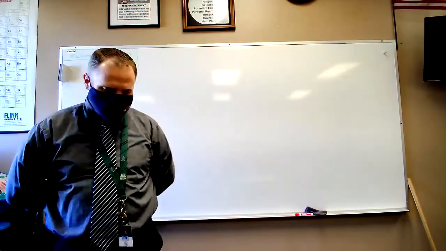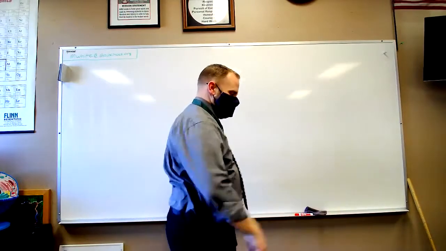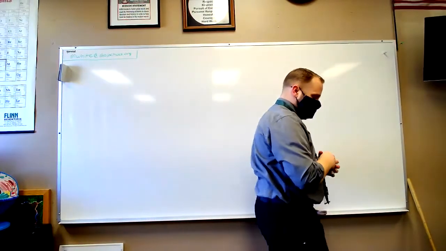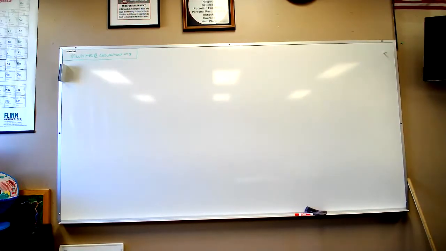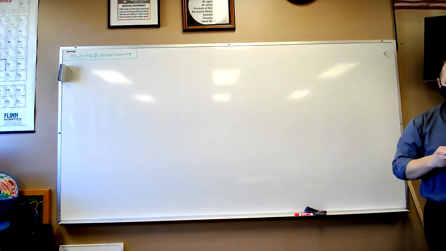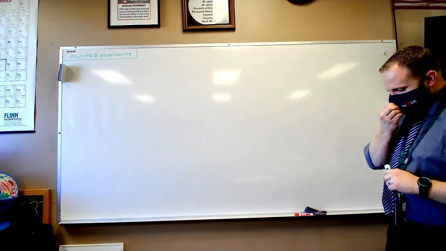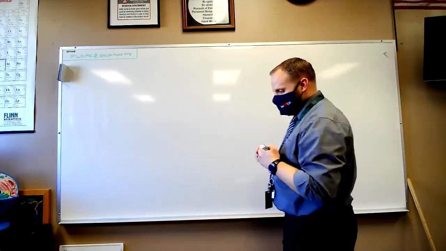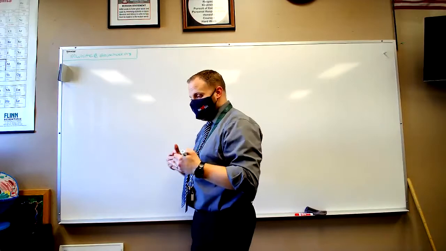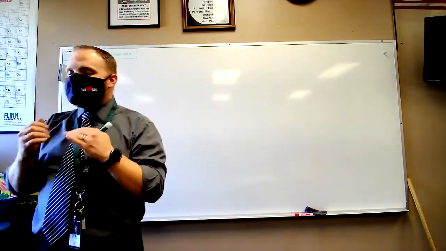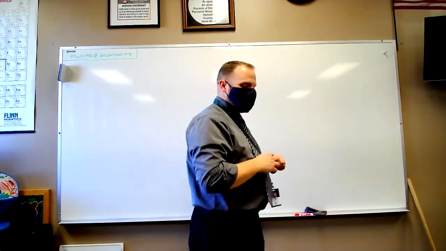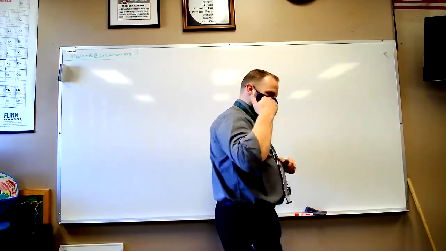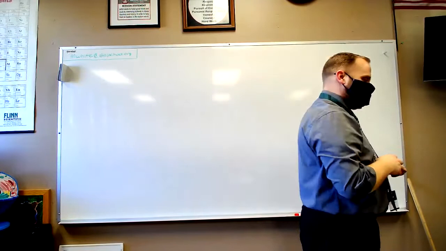If you heat up the water that you're dissolving sugar in, you can dissolve a whole lot more in it. Well, what happens when you cool that back down? Technically, now you have more sugar than should be in that solution. We call that supersaturated. It's above the saturation point for that temperature.